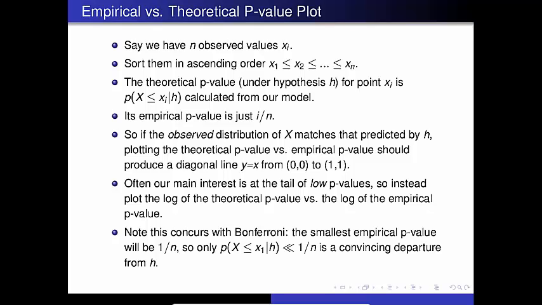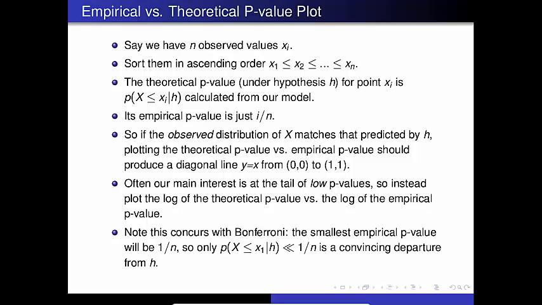What do we expect if our data were really emitted by our model representing our null hypothesis? We would expect to see a straight line correlation, a diagonal from 0, 0 to 1, 1, under the assumption that H truly emitted our data.